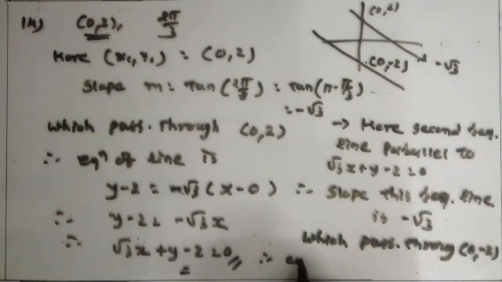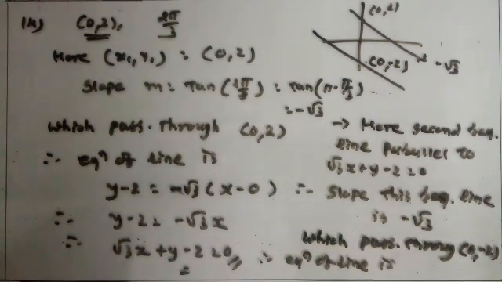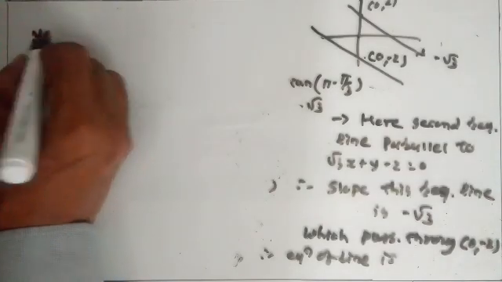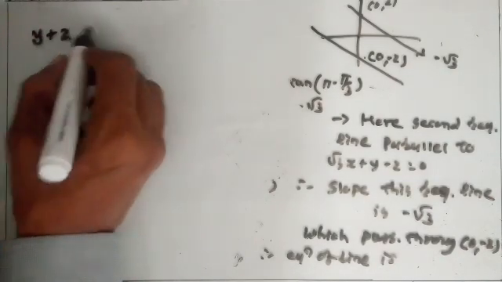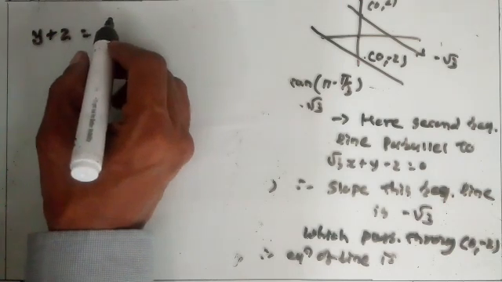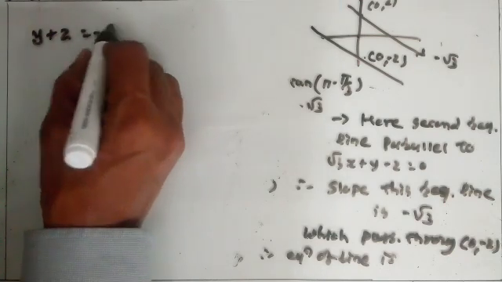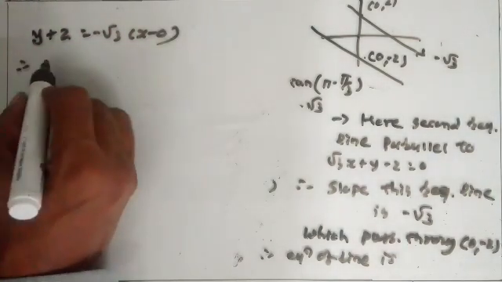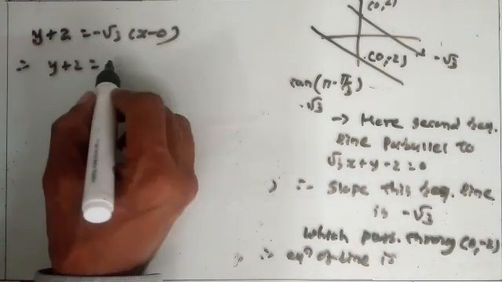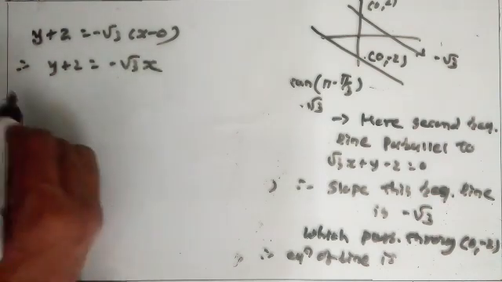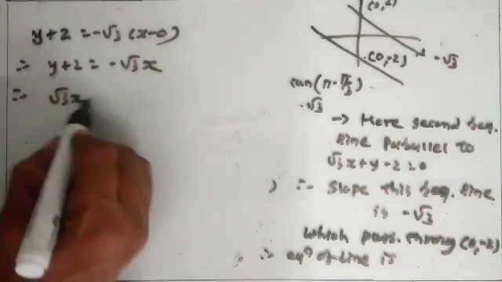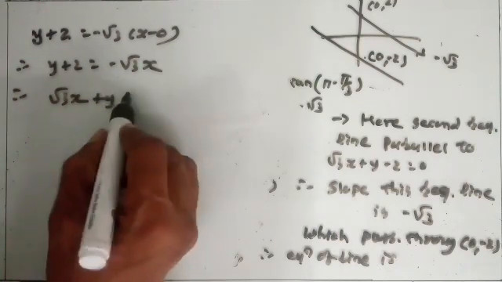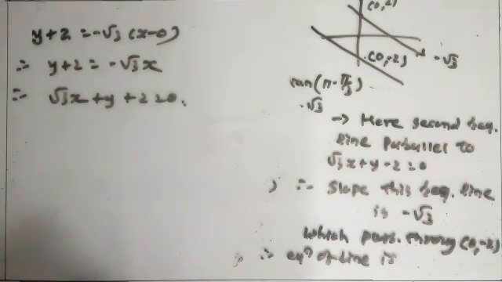Therefore the equation of the line is y minus y1 equal to m into x minus x1, that is, m is minus root 3. Therefore y plus 2 is equal to minus root 3 into x. So root 3x plus y plus 2 is equal to 0. Clear?